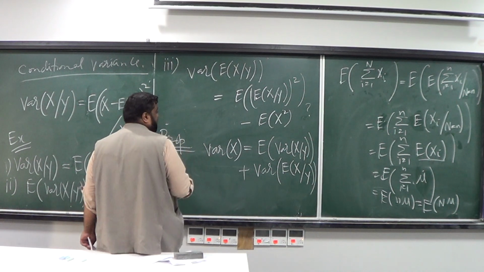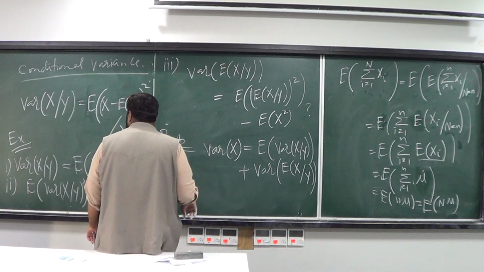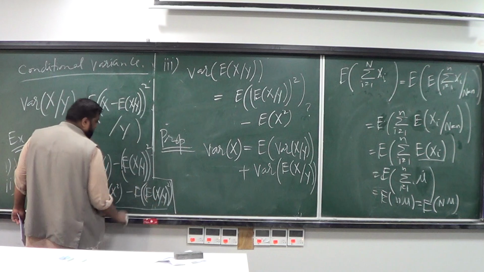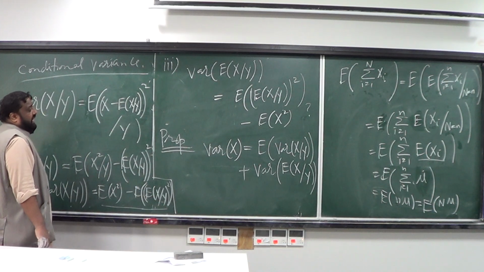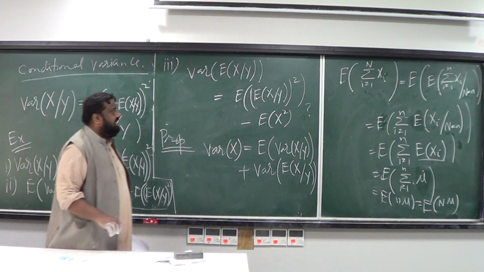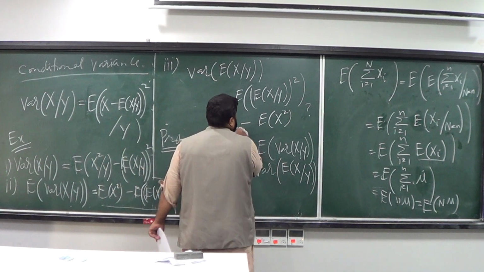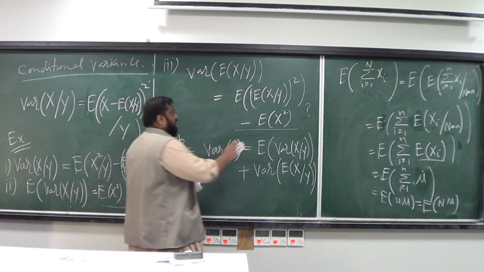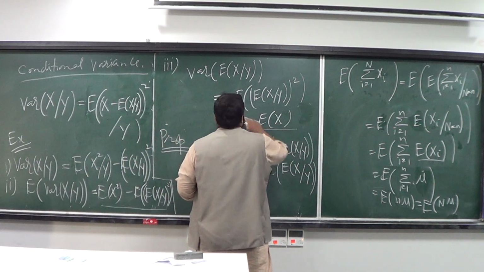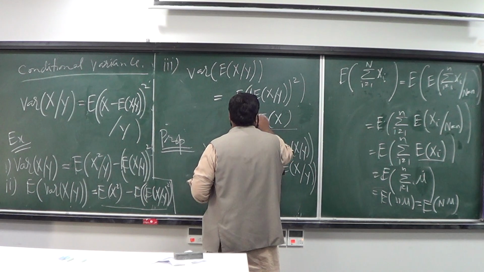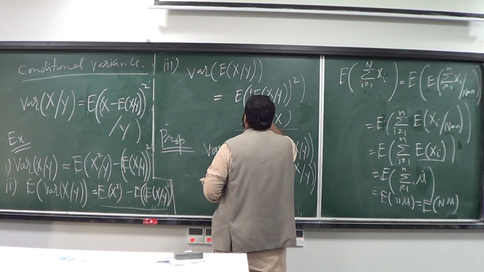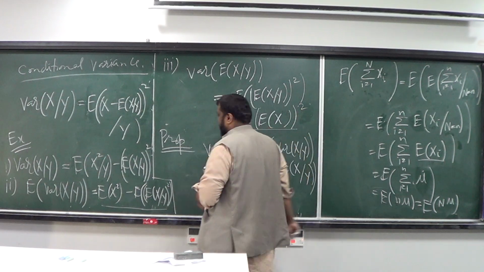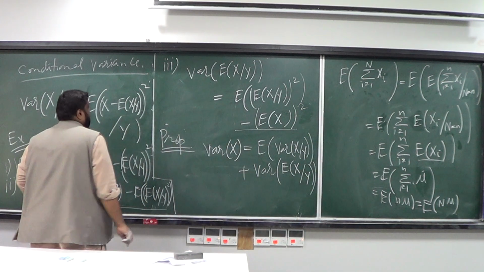So the variance of x is the expectation of the variance of x given y, which we know is this quantity, and the variance of the expectation of x given y is also this quantity. I made a mistake. The variance of the expectation of x given y is not the expectation of x squared, but the expectation of x, whole squared.